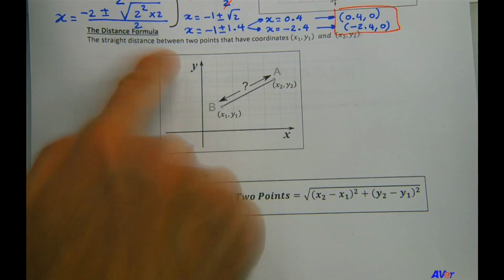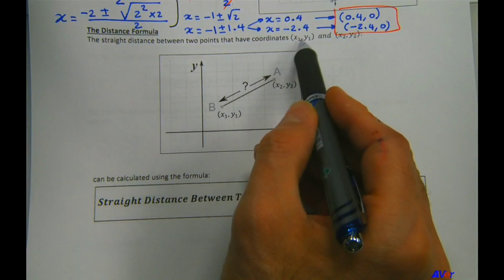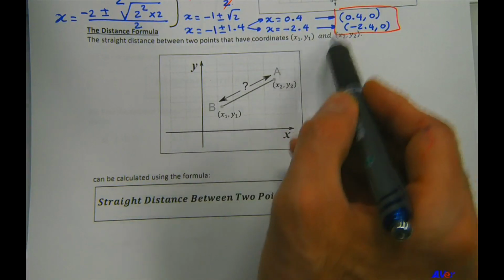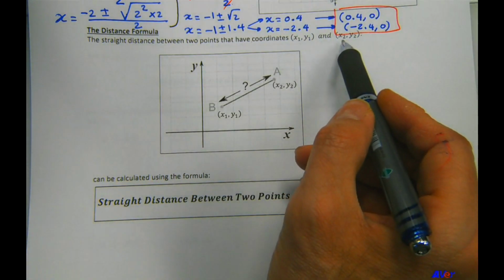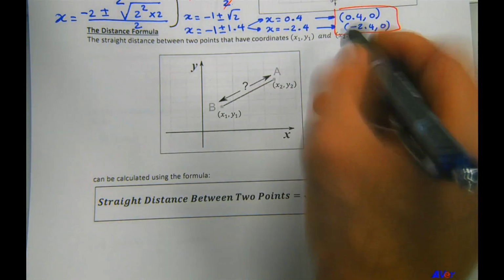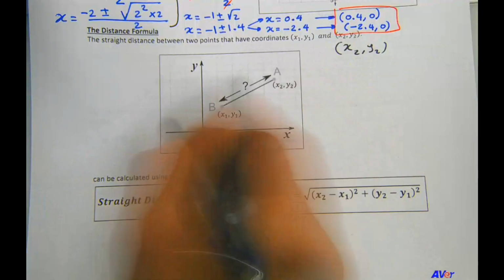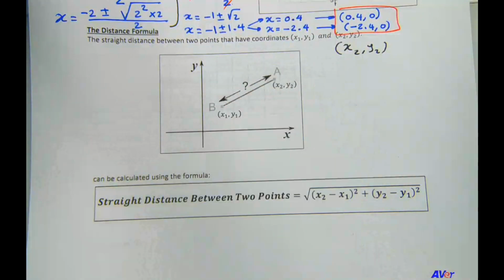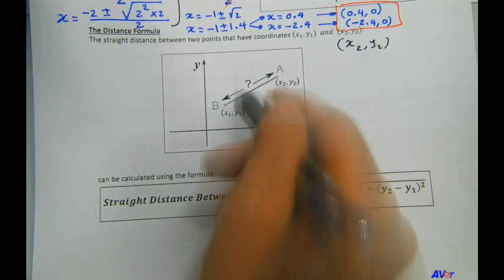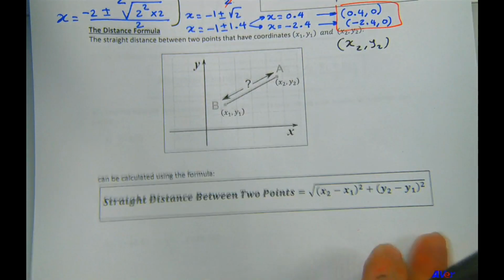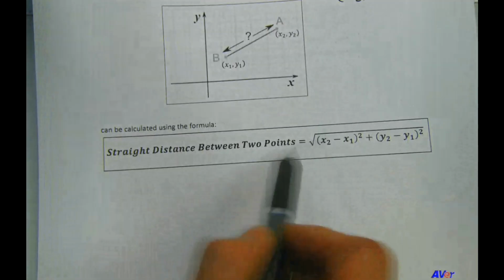The straight distance between 2 points that have coordinates x1, comma y1 and x2, comma y2, as I've shown on the graph here, can be calculated using this distance formula.